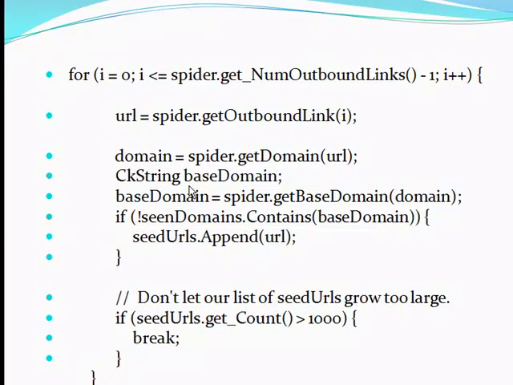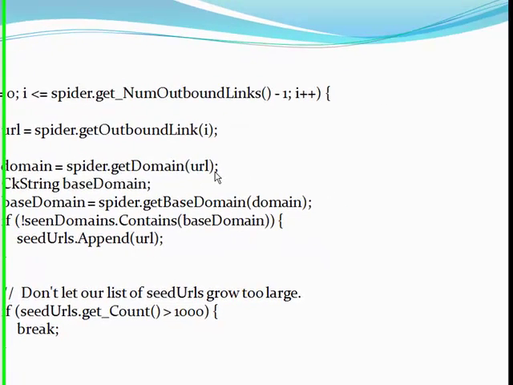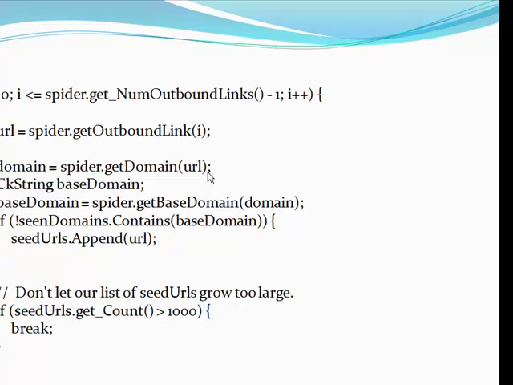It passes to get the domain: CkString baseDomain. The spider.GetBaseDomain passes the url to the base domain. Then there is an if condition again. You can see, if seenDomains does not contain baseDomain, the seedUrls.Append with parameter url.